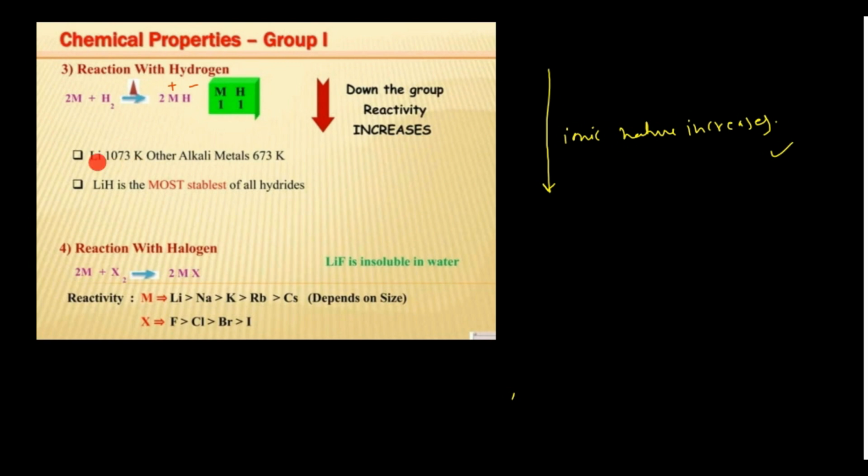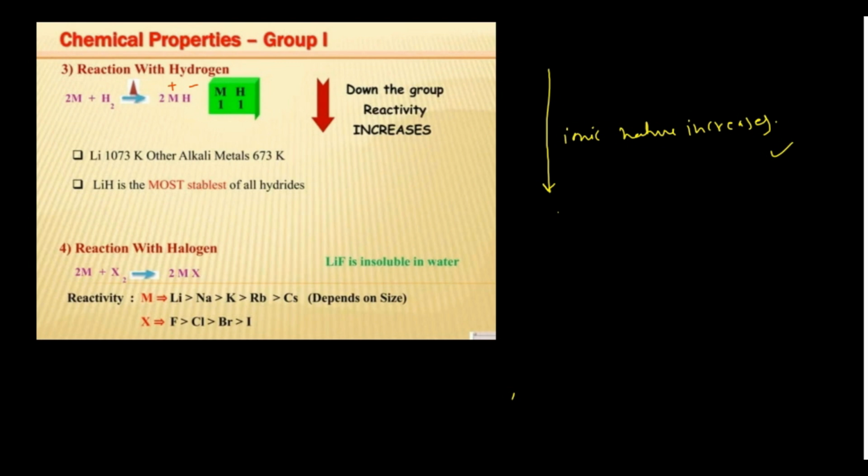But if you check the data here, what the data is saying is that lithium hydride, LiH, is the most stable. Why? Because it dissociates only after 1273 Kelvin.